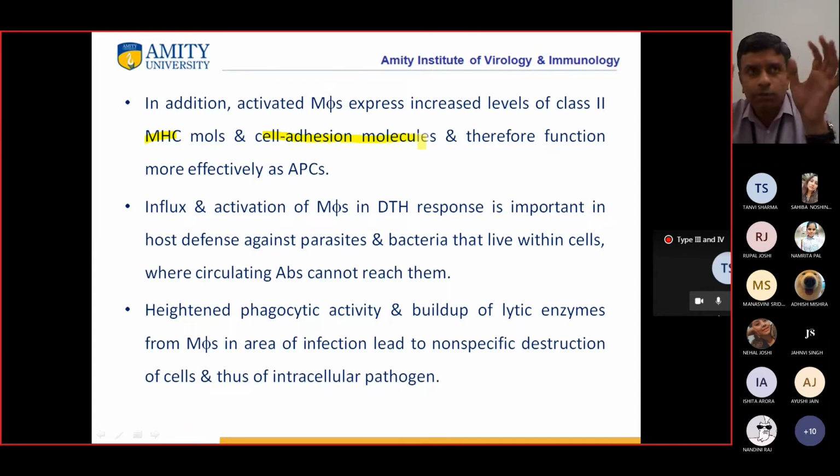right? So see again, you know, all these things are basically not happening to create a problem, but वो problem तो हो रही है. But in actuality, all this process is because of the parasitic infections, okay? And for bacteria that live within the cells.